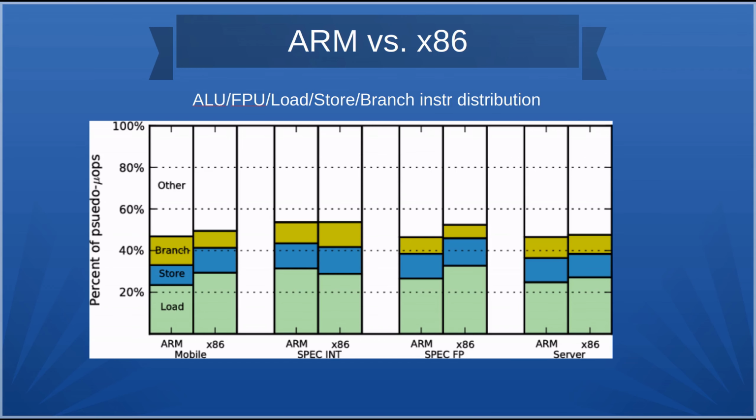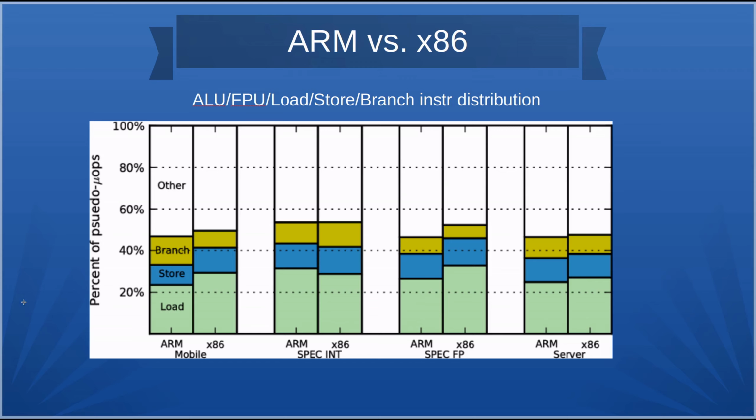We already talked about the number of registers, which avoids shuffling the data on and off, but the compiler doesn't see the physical registers. So actually the code on x86 is using more load and store instructions.